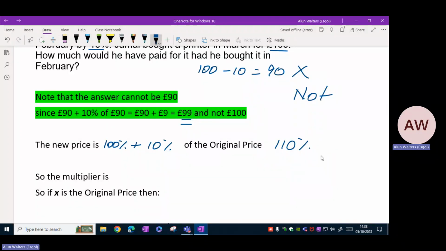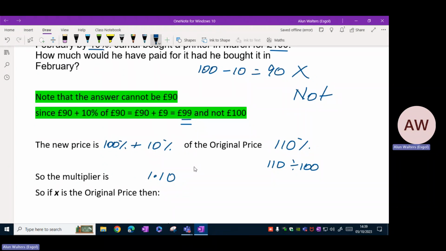Now 110% needs to be written as a multiplier. So what we do to create a multiplier, and this has been done in a previous lesson, is you say 110 divided by 100, and you end up with a multiplier of 1.1 or 1.10. That's what we're going to work with.